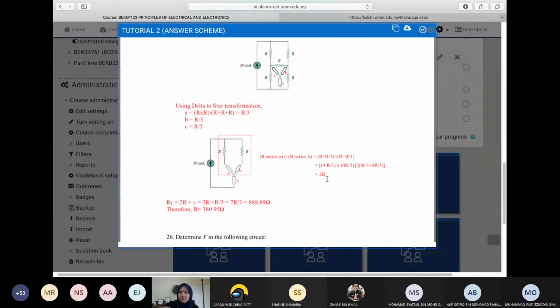Can I check first and then share it in the Telegram? Okay, so I need to calculate this one again, then I will share it in the Telegram, whether R series A in parallel with R series B gives 2R. Okay, thanks, Doctor.